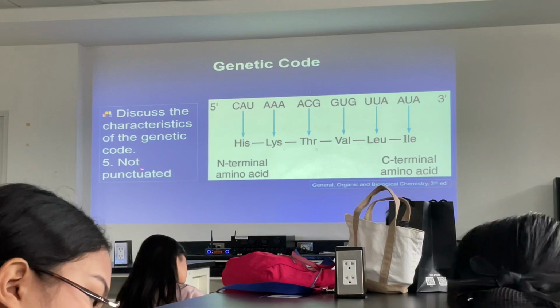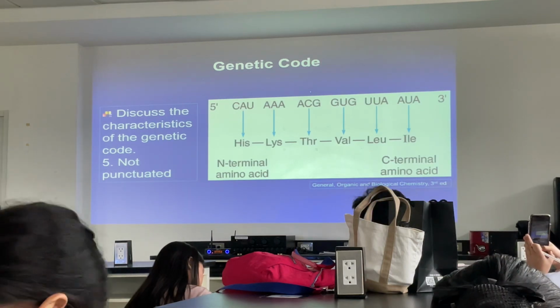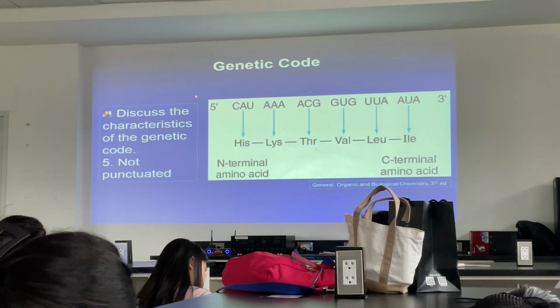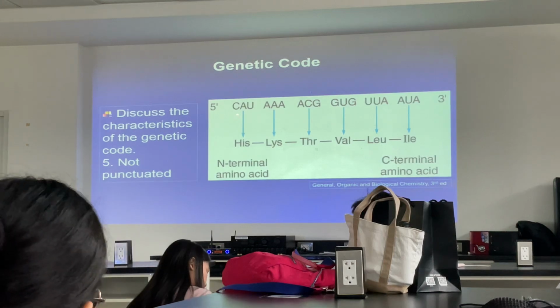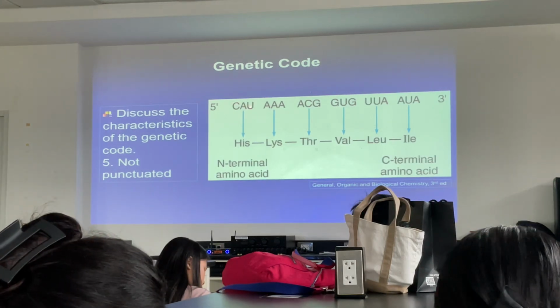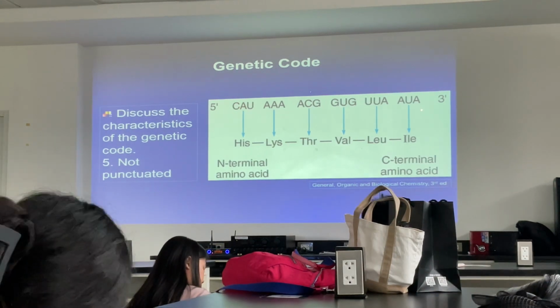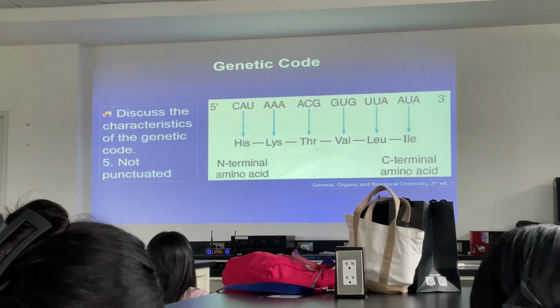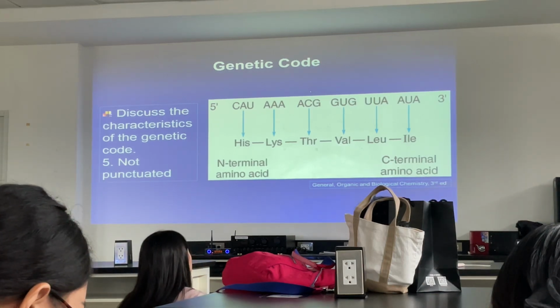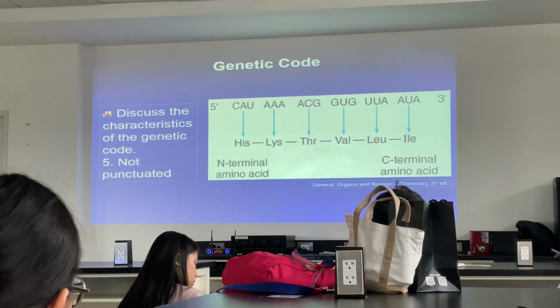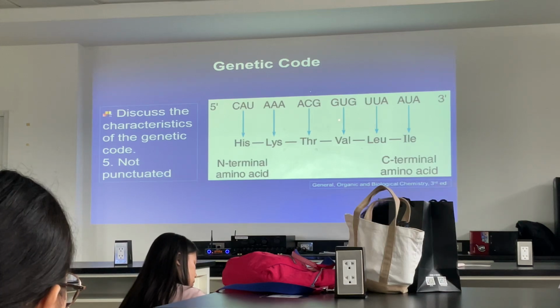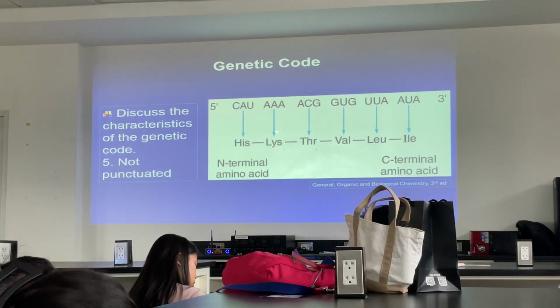Number 5, not punctuated. Meaning once the ribosome reads the first codon, it moves from the first going to the last without punctuations or without a comma. So it will just proceed. And what makes this possible?